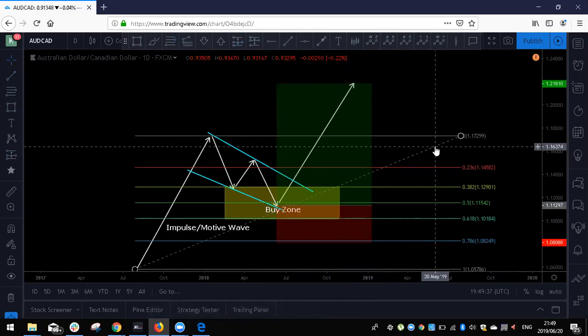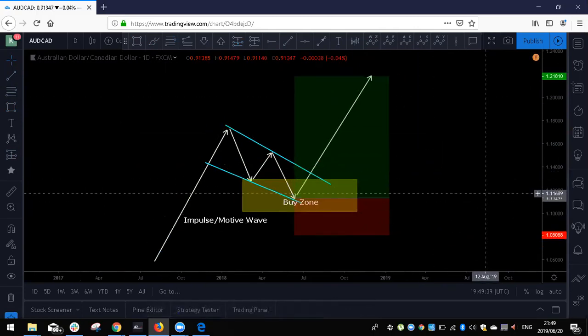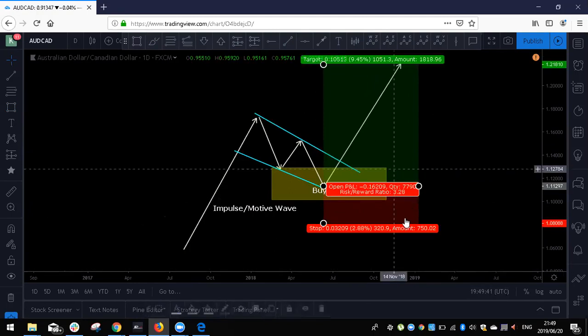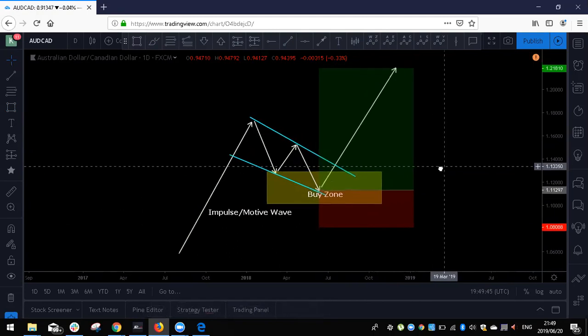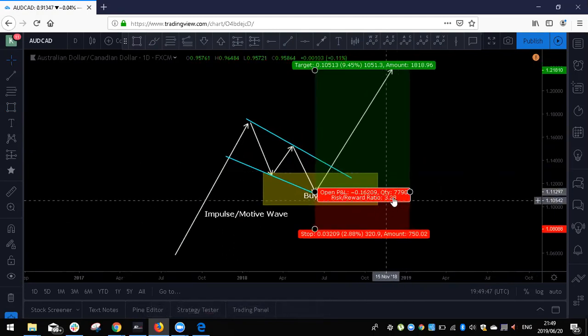So I have my trade like this. You see the risk reward is still good. It's 3.28, and my minimum risk reward is 2.5. If it's less than 2.5, it's usually not worth my time.